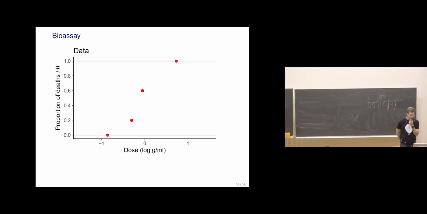We can also think about just the proportion of deaths, which is now between 0 and 1, and this proportion of deaths is what we observed, and then there's a slash theta. The theta is the unknown expected proportion of deaths if we would repeat the experiment with a certain dosage.